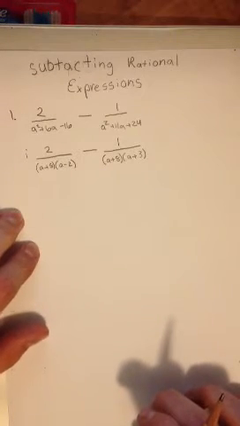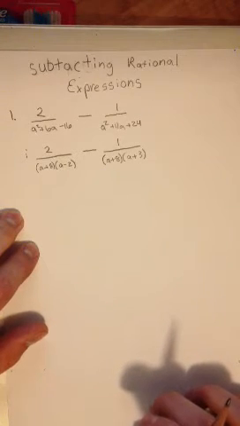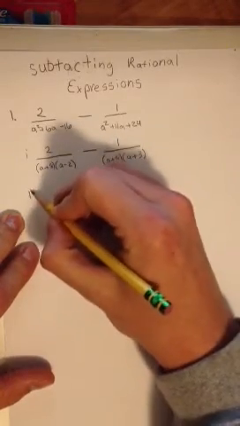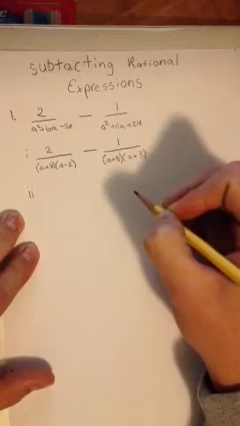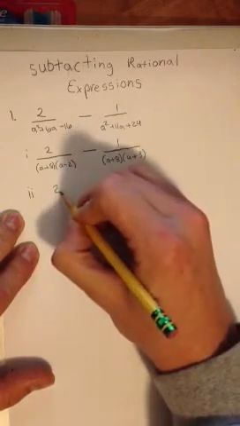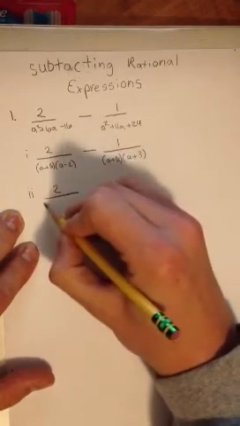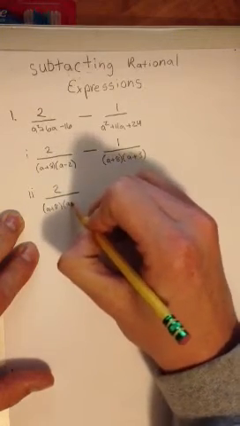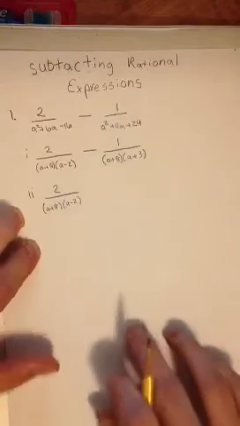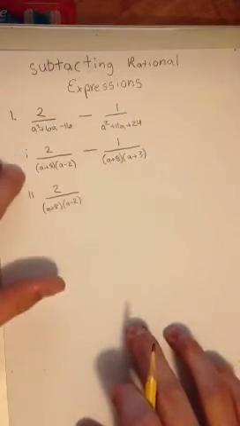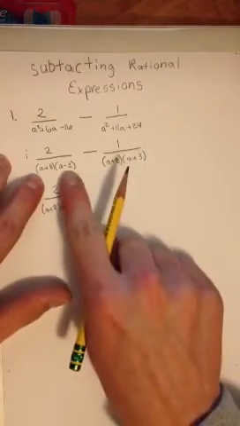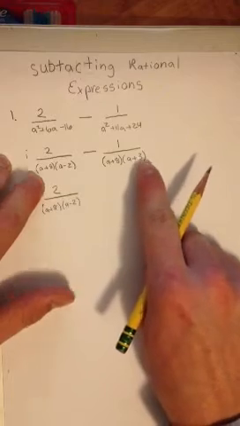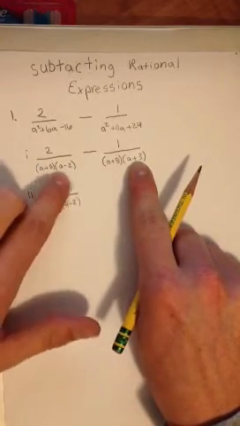So what we're going to have to do is multiply by 1 to make the lowest common denominator equal. So for step 2, we're going to find the lowest common denominator. Now if we look at these two, we can see that this side is missing an a plus 3 and that this side is missing an a minus 2.